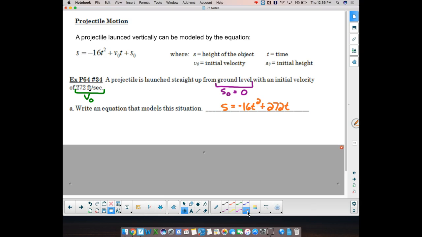Now, you don't have to write that plus 0 part. We don't write plus 0 in math. We don't write times 1 in math. If you do, more power to you. You're just remembering that your initial height is 0. But there is our equation that models the situation.